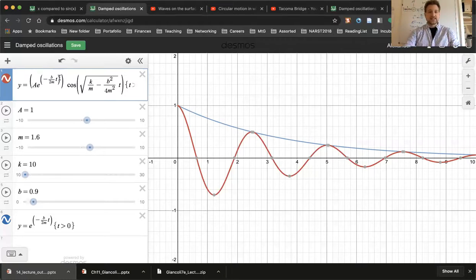I'm going to call it the envelope in which the amplitude has to occur. As time goes on, that argument gets larger, and e to the negative larger gets a smaller thing. So as time goes on, the amplitude has to live in a smaller and smaller envelope. And that's the decrease that we're looking at. Okay, so that's damped oscillations.